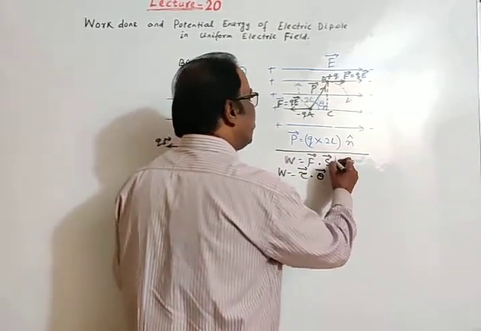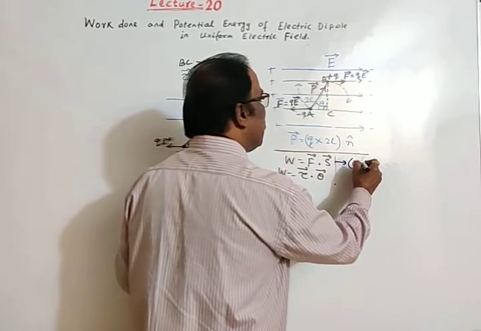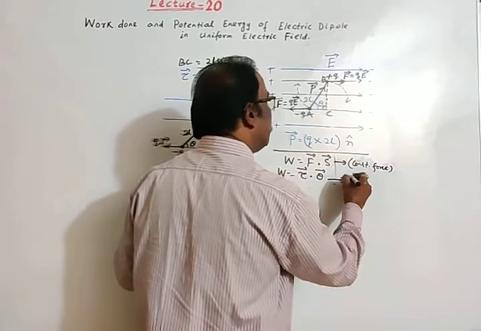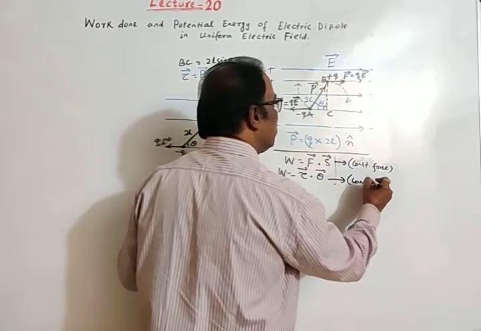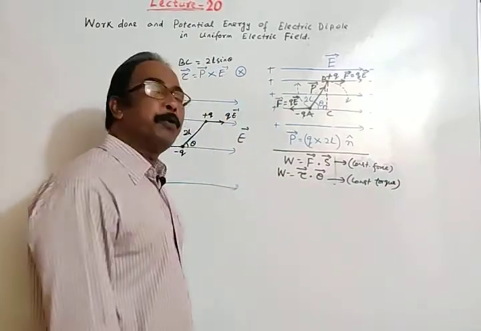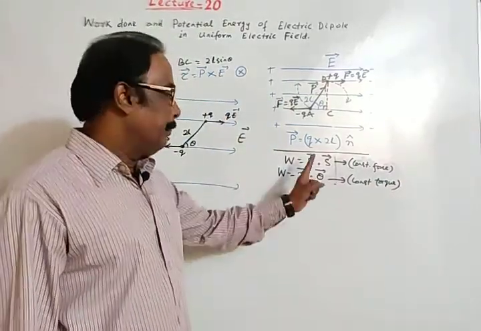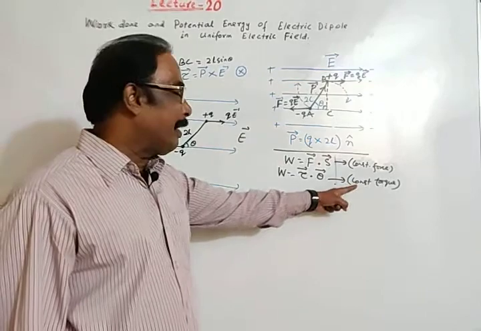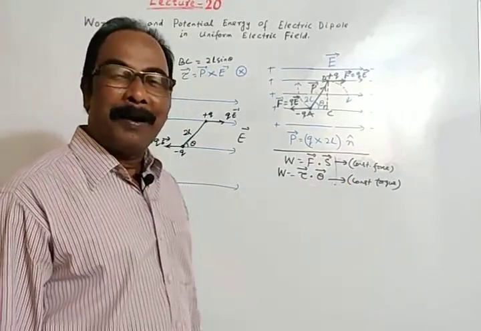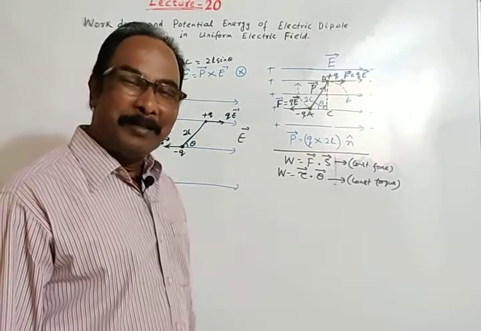This is for constant force and this is for constant torque. If force is constant, we take work equal to F dot S. If torque is constant, we take work equal to the dot product of torque and angular displacement.